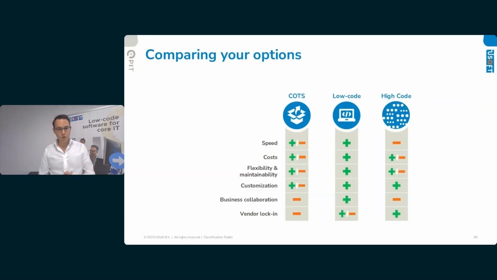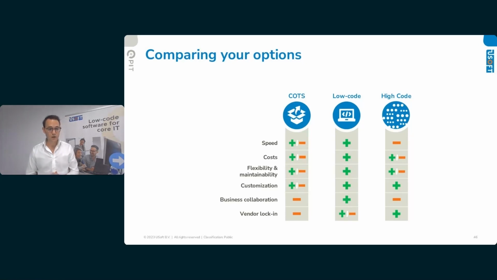But briefly looking at these options, it's important to compare what the primary advantages and disadvantages are. And it's interesting because you see that with commercial off the shelf and with high code, you are basically in a sort of juxtaposition. It could be either a core benefit, or if you don't carefully manage the project, which is why we always opt for a digital transformation consultant like PIT, you are on a slippery slope towards some of the disadvantages.